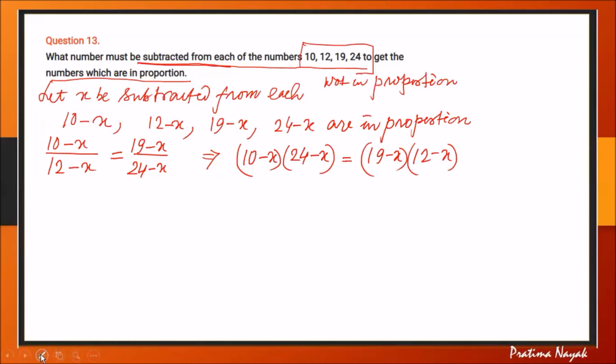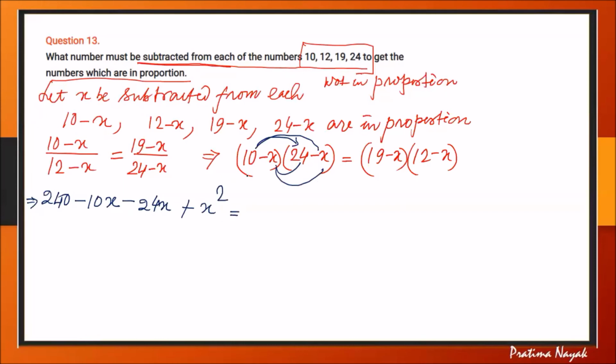And now you multiply very carefully. 10 into 24, 240. Then 10 into x, minus 10x. x into 24, minus 24x. Minus x into minus x gives you plus x square.